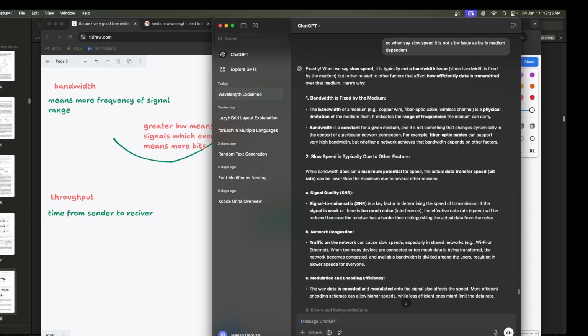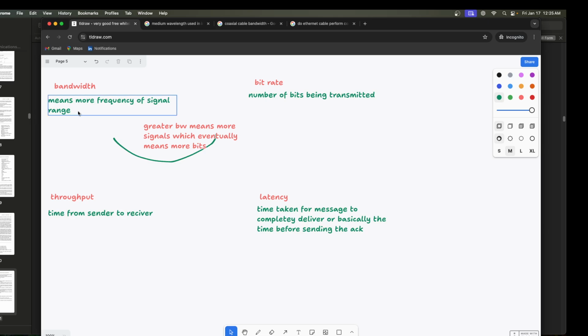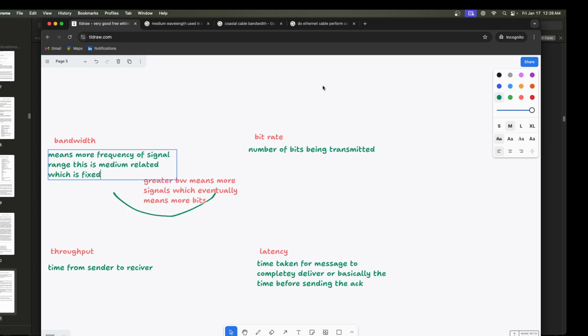I can add one more point: this is medium related, which is fixed.